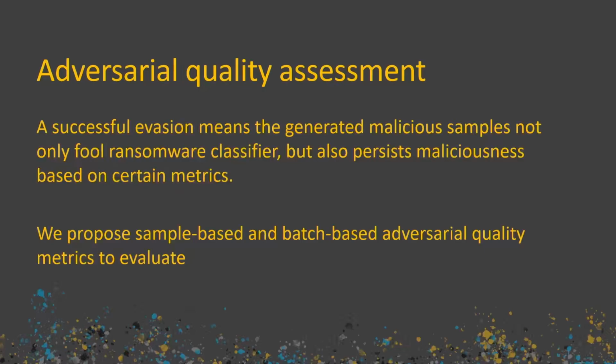We want to make sure the adversarial examples generated from GAN actually possess maliciousness. So we proposed two sets of adversarial quality assessment metrics, one sample-based and one batch-based, to evaluate that the adversarial samples truly possess maliciousness.